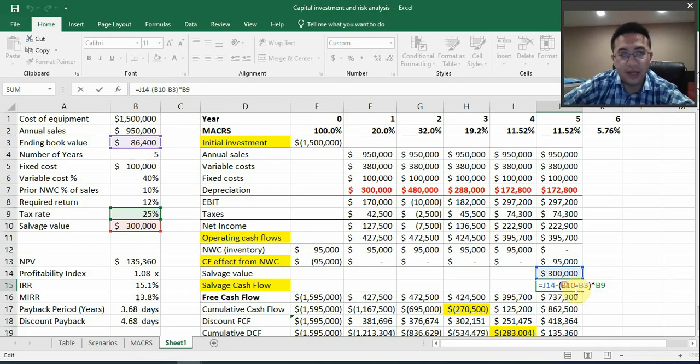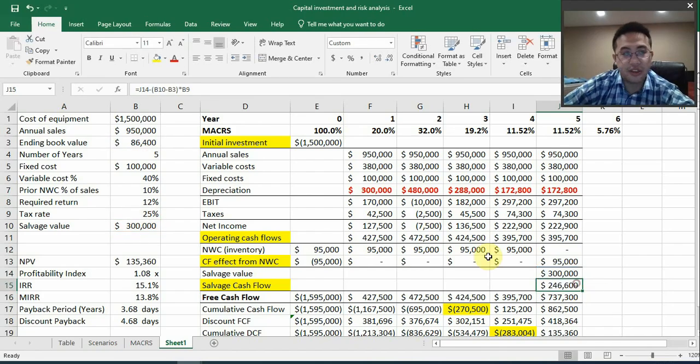So you are making $214,000 capital gains instead of a full $300,000 capital gains, and your tax on capital gains would be less. You must by now have learned how to calculate capital gains: the money you actually sell at minus the book value of it. So that's another number changed, because this ending book value got changed.